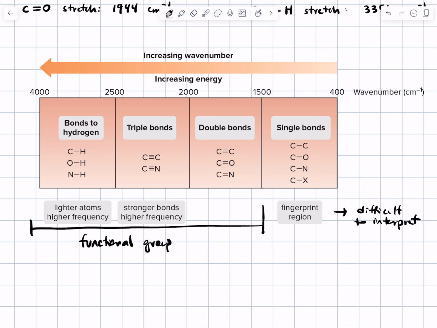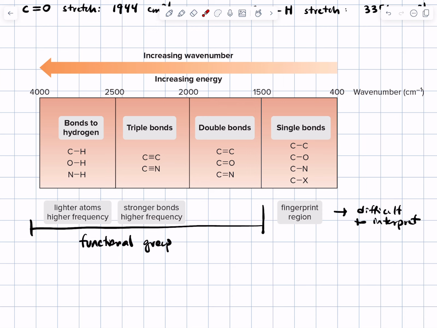Okay, so you can see some things that I told you earlier. Stronger bonds have higher frequencies, so carbon-carbon single bonds, double bonds, triple bonds, in that order, higher frequencies, stronger bonds, stronger force constant. Also, you see what I said in terms of mass, right?